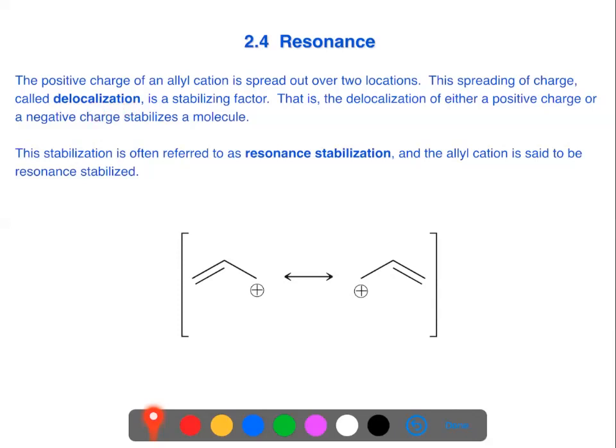So delocalization is referred to as a stabilizing factor, that whether it's the movement of a positive charge or a negative charge, the ability for that entity, for that molecule to delocalize that charge over not just a single atom, but over a few atoms, stabilizes the molecule. And this stabilization is often referred to as resonance stabilization. And so we would say that the allyl cation is resonance stabilized.